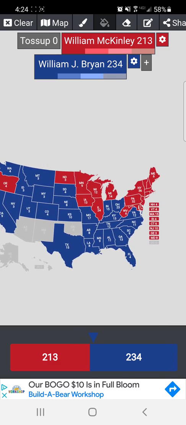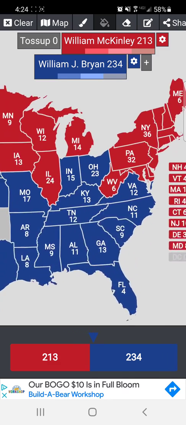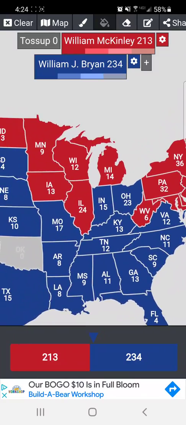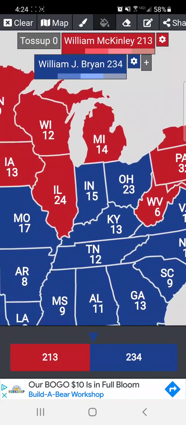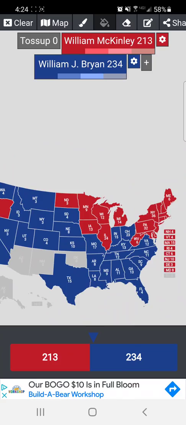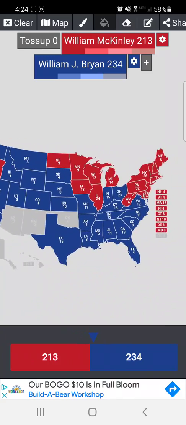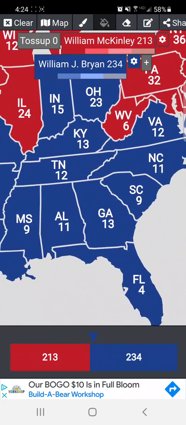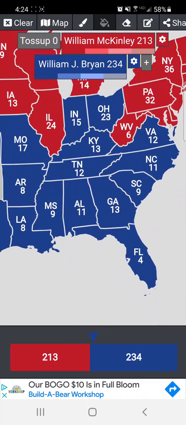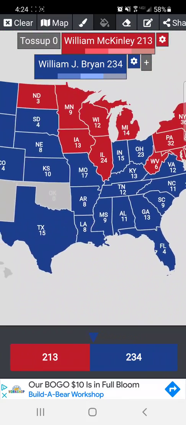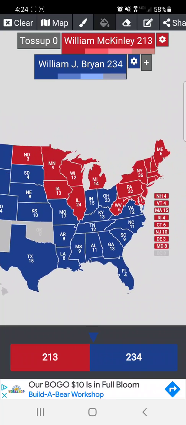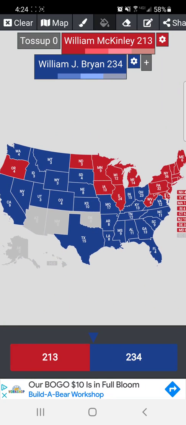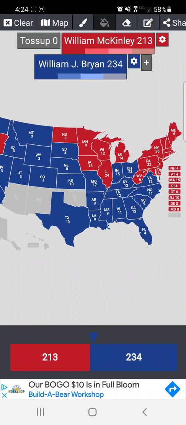But honestly, he could have won if McKinley just sucked a bit more, I guess you could say. If Bryan had just expanded his voter base, because a voter base of just solidly rural people, like farmers, and whites, that's not a lot of people. There's not a lot of farmers in America, and there weren't back then. But that's it. This is my result right here.